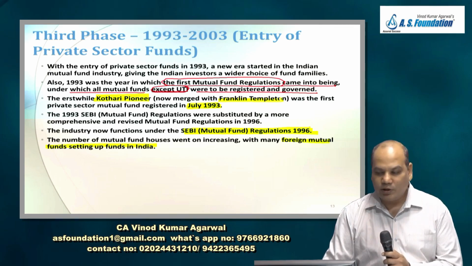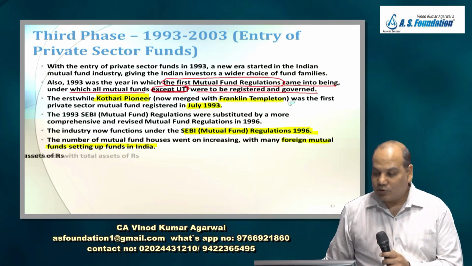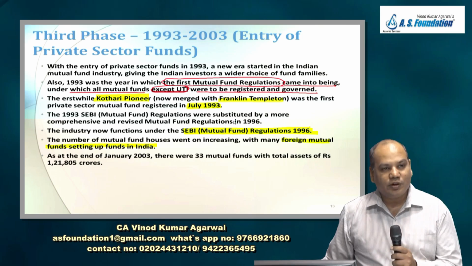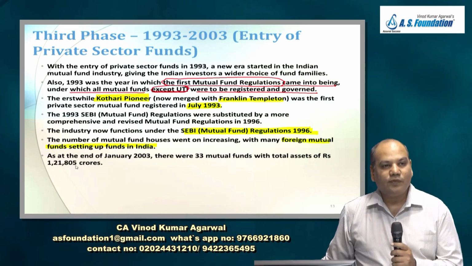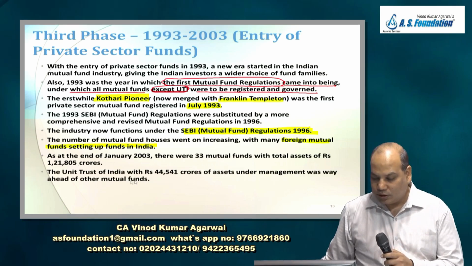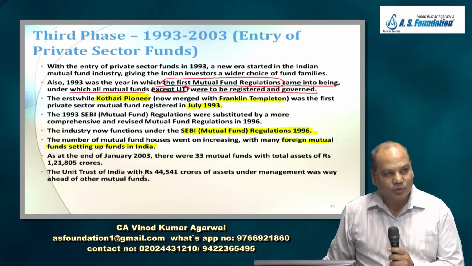So that means the competition is further increasing now. Now you see the status: 33 mutual fund houses and managing assets of 121,805 crore. So again almost 2 to 3 times improvement.